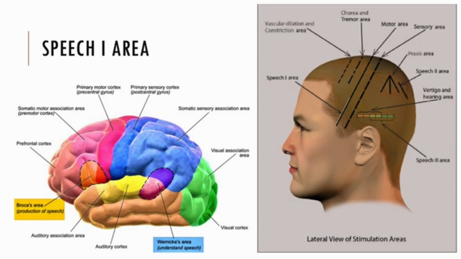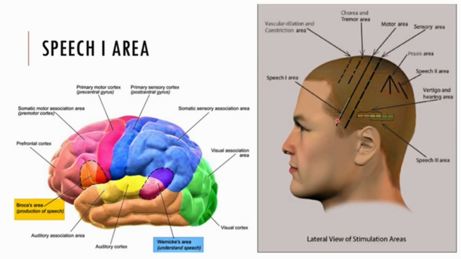There are 3 speech areas. Speech 1 area is located on the posterior third of the gyrus frontalis inferior over the frontal lobe and controls groups of muscles for speech and phonation.